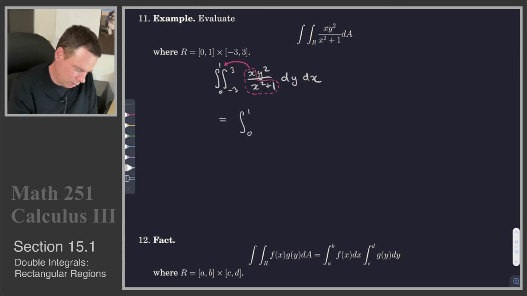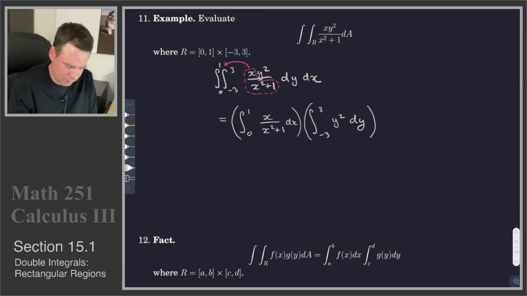So if I bring it outside of that first integral, it comes out as an x over x squared plus 1, and then the integral of the inside is y squared dy. So the key observation is that this integral splits. The iterated integral actually splits into a product of two integrals. And so then I can evaluate each one of these independently and just multiply their products.